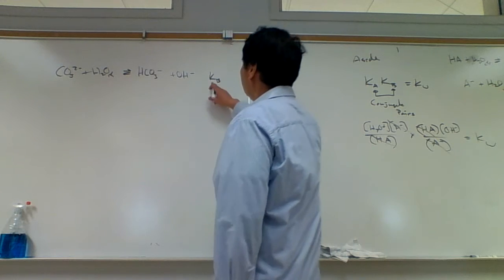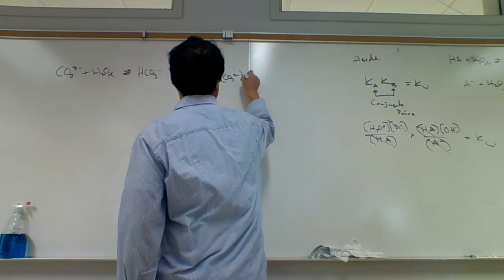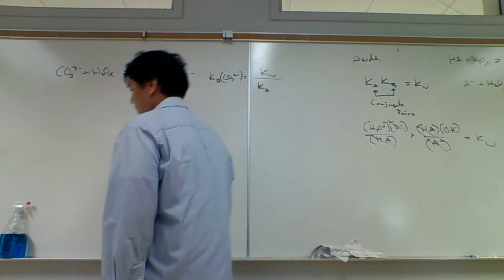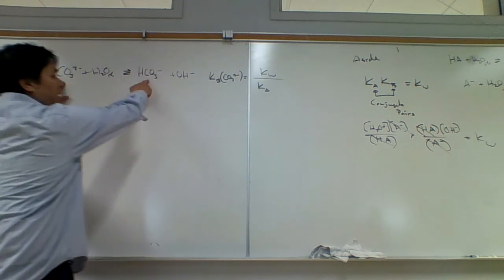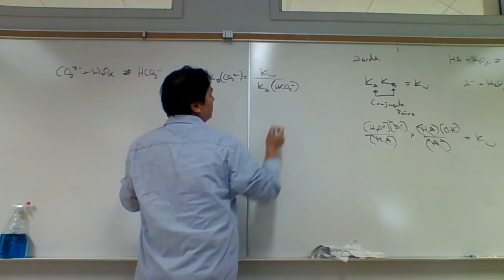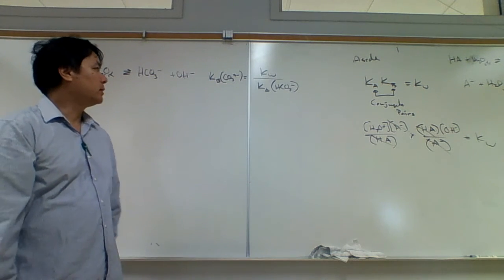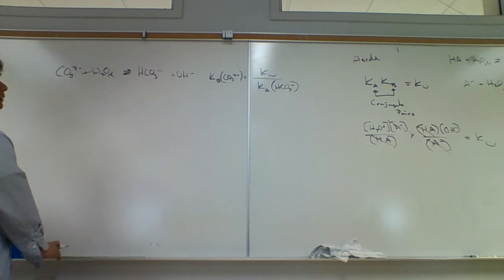And so what we have here is we need the Kb for carbonate. The Kb for carbonate is going to equal Kw divided by the Ka for what acid? What is its conjugate acid? Well, its conjugate acid is going to be bicarbonate, and so we need the Ka for bicarbonate, or HCO3 minus, which we can look up in a table.